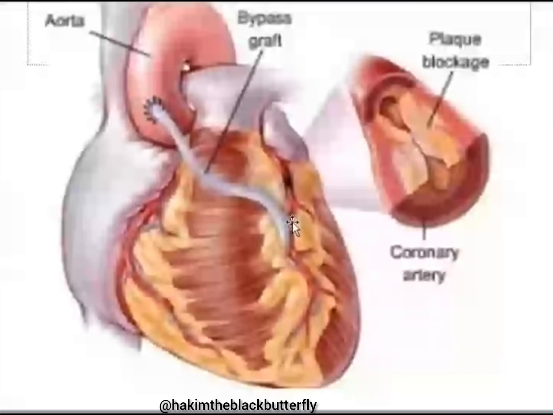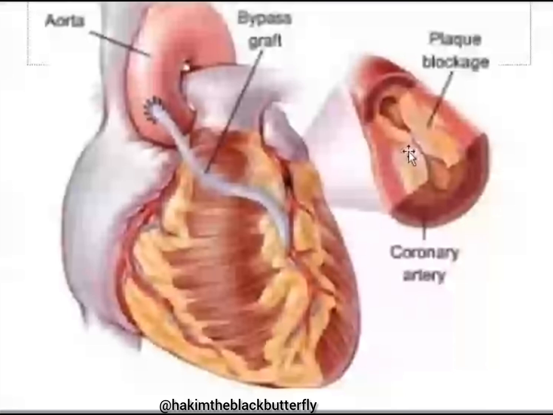We are bypassing the blockage because blood is no longer reaching, so you have to bypass the blockage by harvesting a vein and transmitting it there. Sometimes this blood can be tapped from the internal thoracic artery, depends, but this is what you call coronary bypass grafting. But you can avoid it by having healthy food and exercising and taking low levels of cholesterol from animal products.